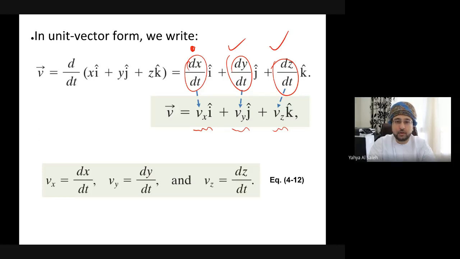I can do Vx alone, Vy alone, Vz alone. So Vx will be dx over dt, Vy will be dy over dt, and Vz will be dz over dt.